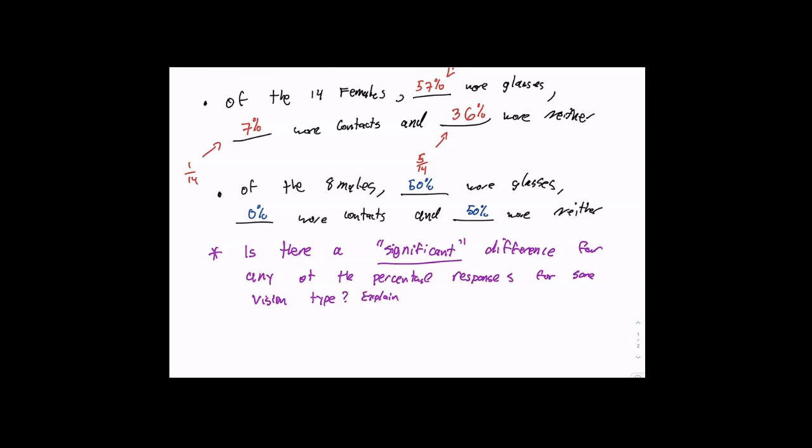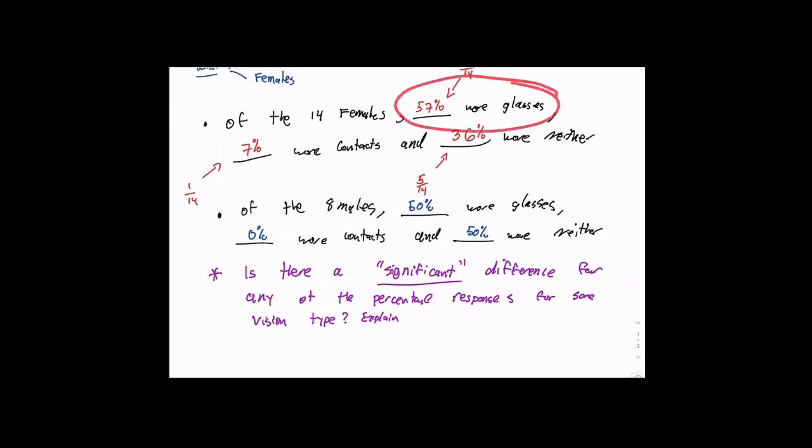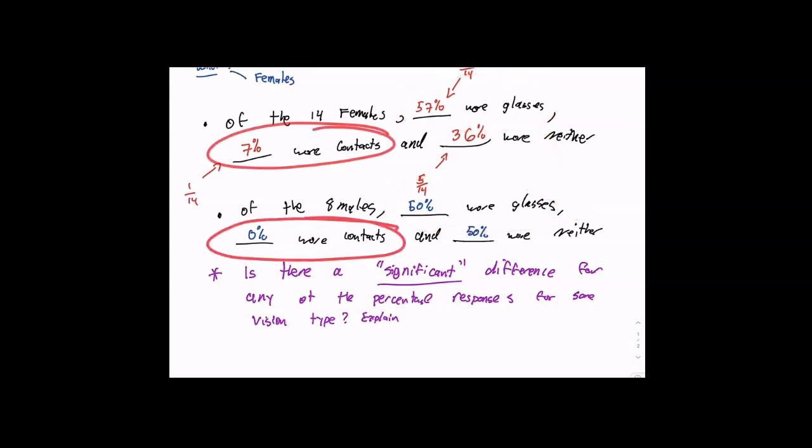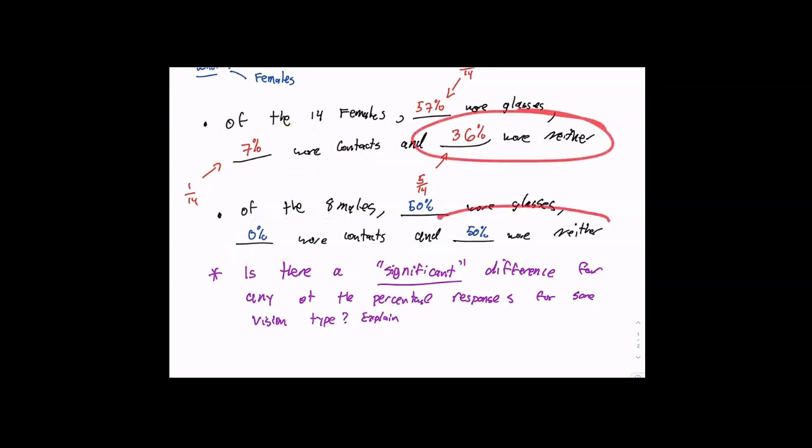We're comparing the genders. We found the distributions of vision, but we want to compare gender, which means we want to compare glasses to glasses, apples to apples. We want to compare contacts to contacts. And we want to compare neither to neither.